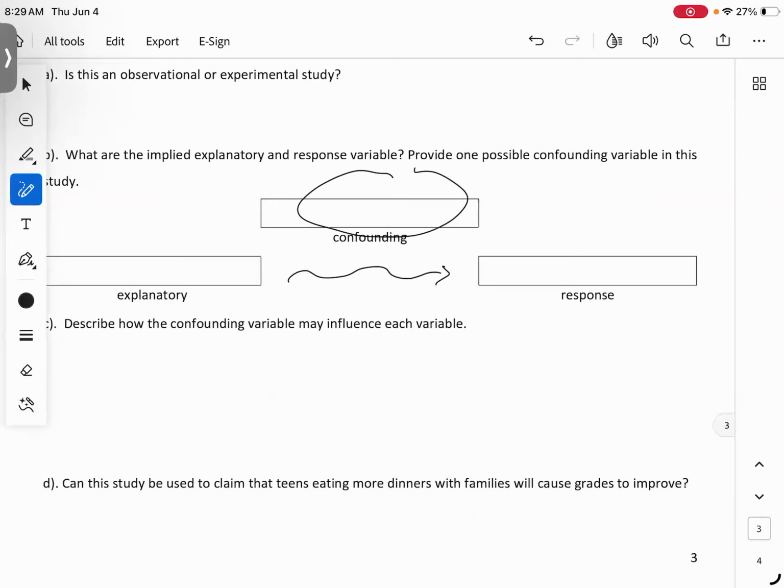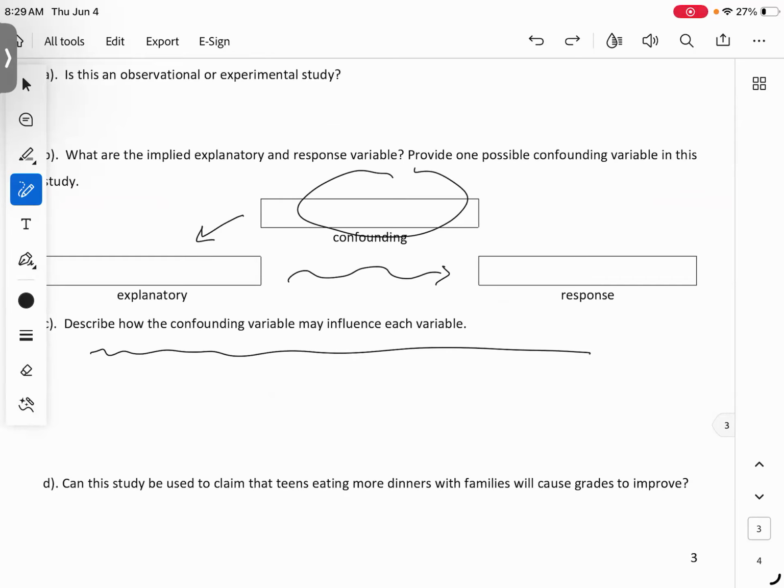Down here you would explain why the first thing is happening, and you would write a second explanation of why the confounding variable is influencing the second variable, which is the response.